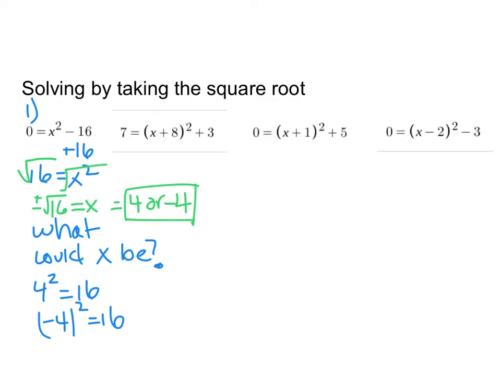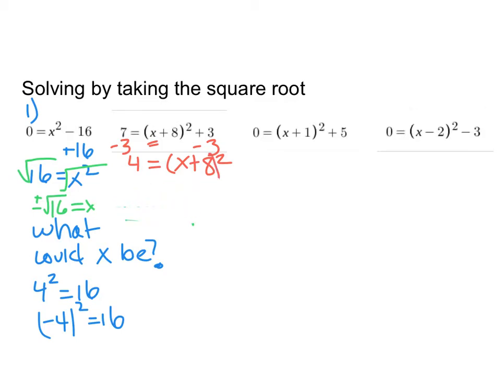So we're trying to get x by itself, so we have to peel away the layers one at a time. So we're going to subtract 3. So that gives me 4 equals x plus 8 squared. I'm going to erase that.